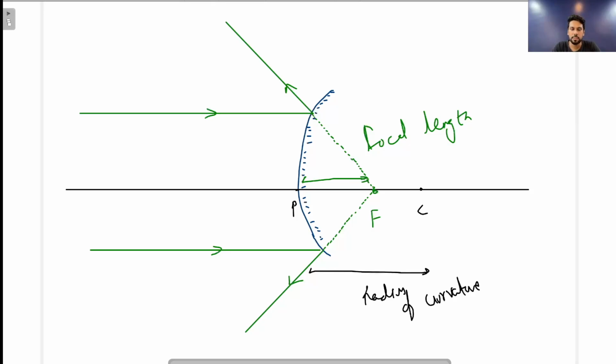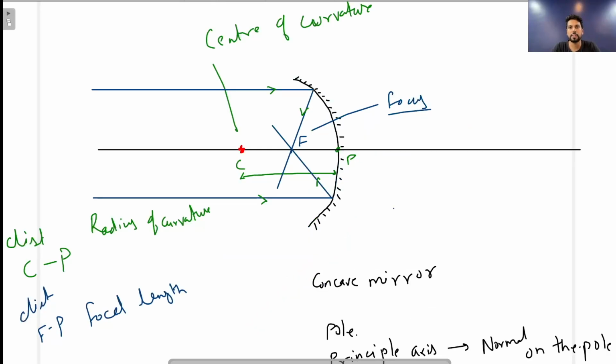Now these are some of the important parts related to the spherical mirror. There is one relationship which I want to tell you. There is no derivation for it right now in 10th grade, but you will have the derivation later in 12th standard.